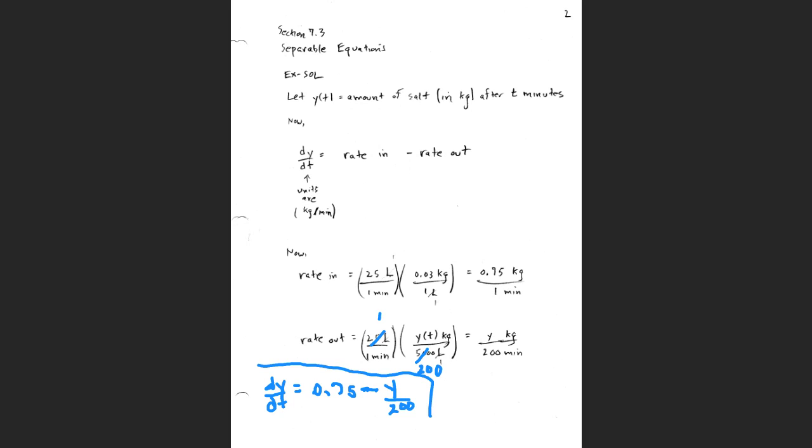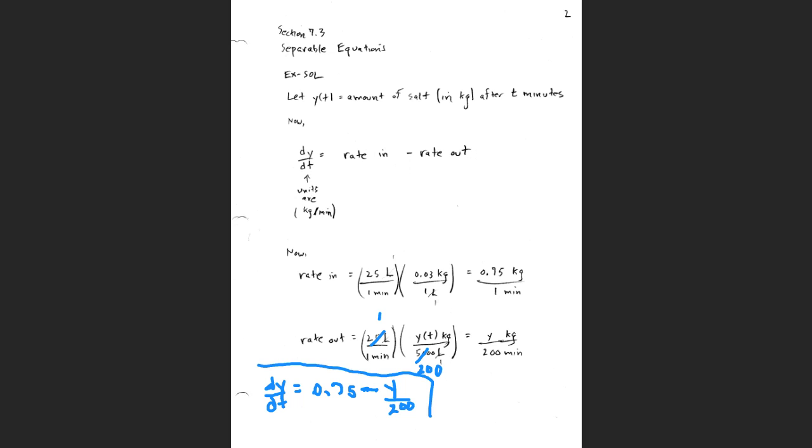Yes, Jonathan. It says in the beginning of the problem that we know how much salt is in there. It says 20 kilograms of salt is dissolved in 5,000 liters of water. Why is there y of t instead of just 20 kilograms? Well, indeed, we know initially there's 20 kilograms of salt in that tank, but the salt content is changing.